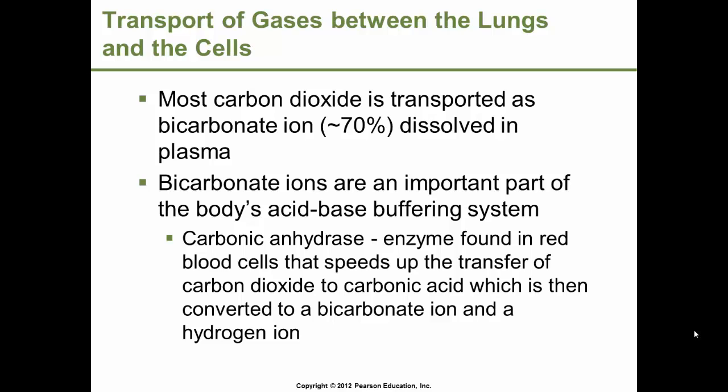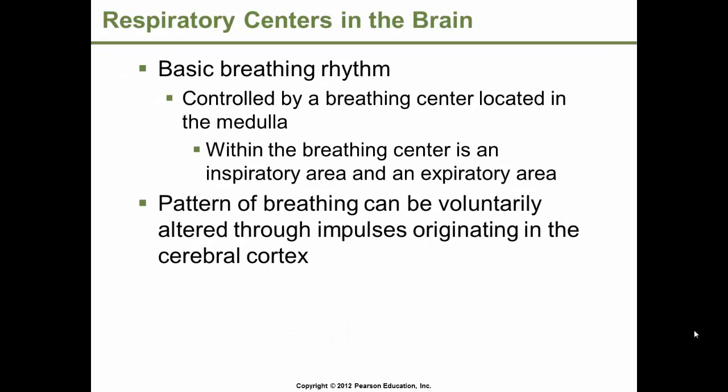Carbonic anhydrase speeds up the conversion of carbon dioxide to carbonic acid, which is then converted to the bicarbonate ion and hydrogen ion. Hydrogen ions typically combine with hemoglobin, allowing hemoglobin to also act as a buffer. In the lungs, the process will be reversed. So carbonic anhydrase is an important enzyme found in red blood cells that allows the acidity of the blood, when this carbon dioxide diffuses into it, to be tolerable to the body.